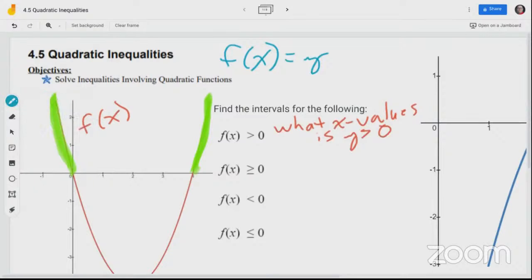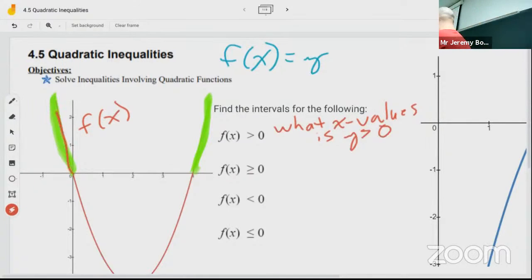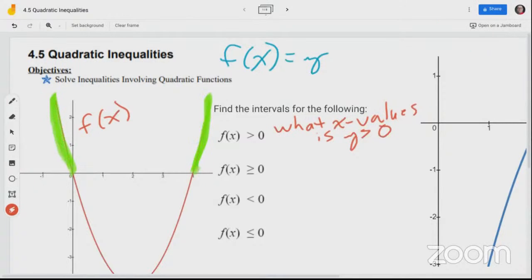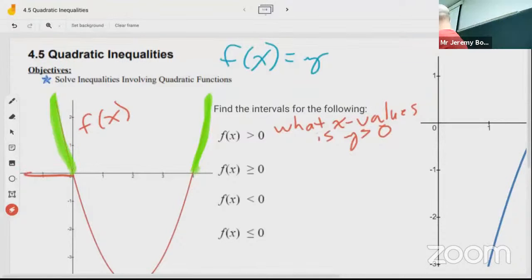The ones on the y just means that it's above the x-axis, it's greater than 0. But we want to know what x values that is happening at. So it'd be from negative infinity to 0, right? We wouldn't include the 0 because it's equal to 0 at 0.